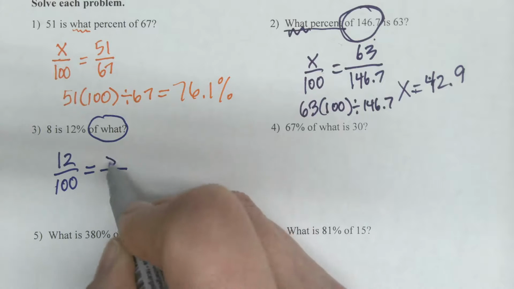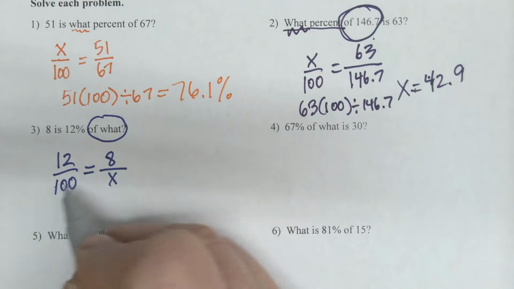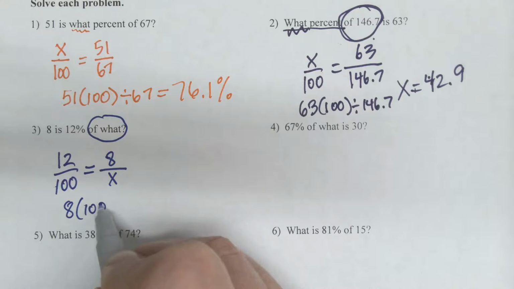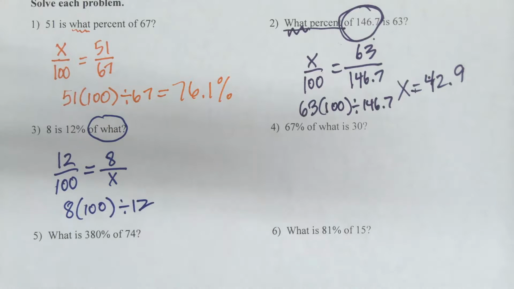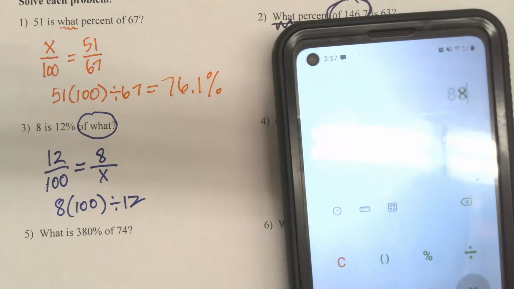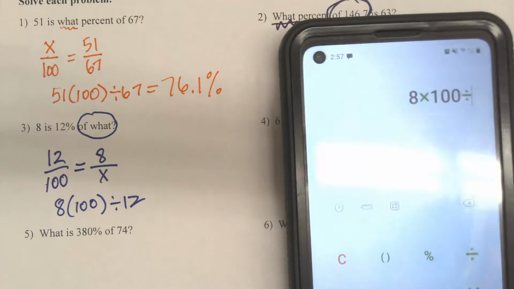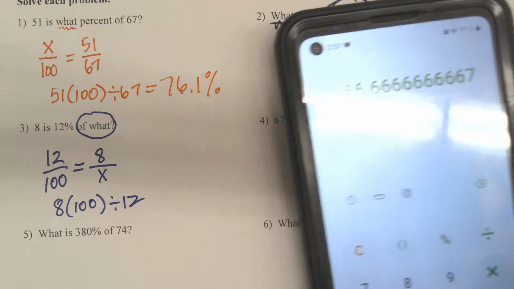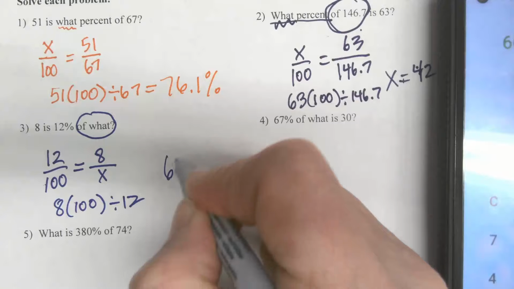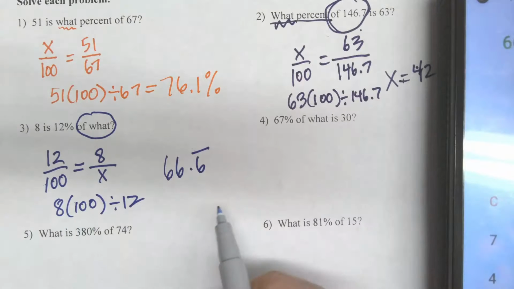So the 8 is the one on top. Now the two diagonals are 8 times 100 divided by 12. That goes in my calculator. 8 times 100 divided by 12 equals 66.6 repeating, or 66.7 you could write it as.